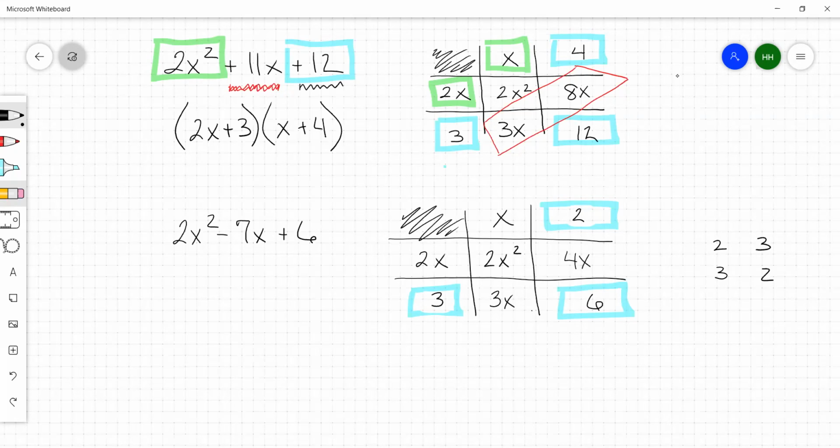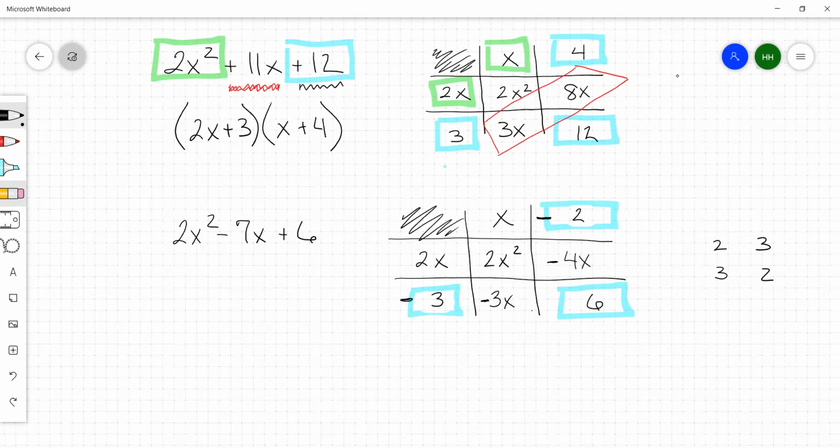Here's where your signs are really important. This needs to be negative, and this needs to be negative. Because look, x times negative 3 is negative 3x. 2x times negative 2 is negative 4x.